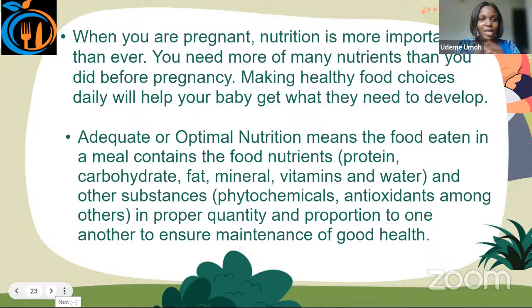So nutrition in other stages, let me just say this: as a human being, you were not given birth to today and then the next day you became 35 or 40 years old. It started from when you were conceived, when one man and one woman came together and then something happened. Then you wake up and notice, we are pregnant. That's when life begins.